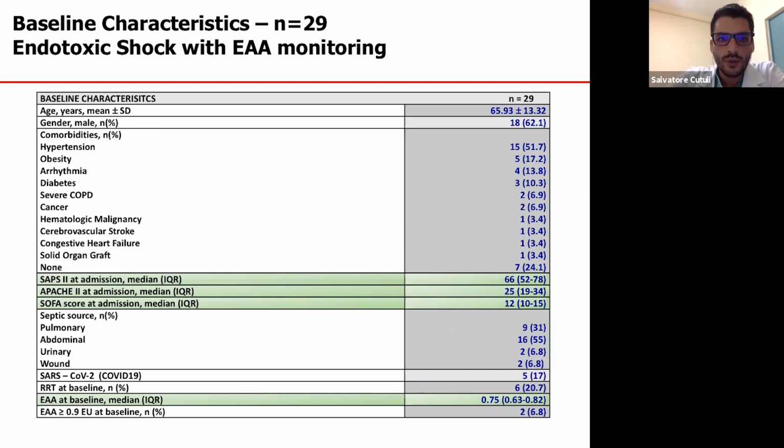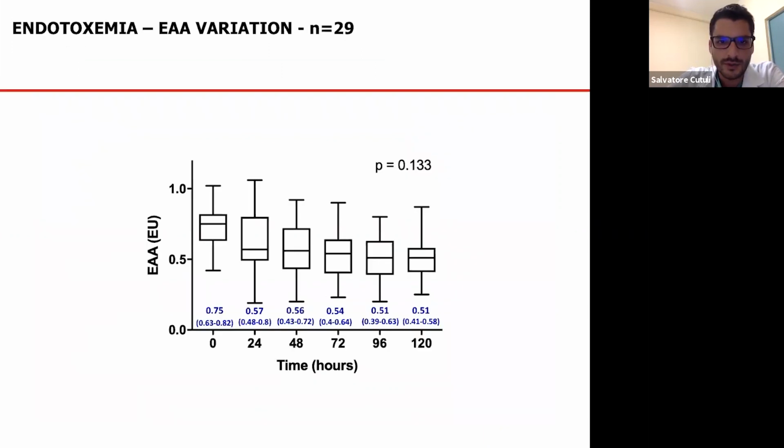Here we have the results of 29 patients with endotoxin activity measured before the treatment, so we have a baseline level, and over 120 hours after the treatment. Here you can see the trend of endotoxin. There was not a significant reduction of endotoxin activity, but we are talking about only 29 patients.